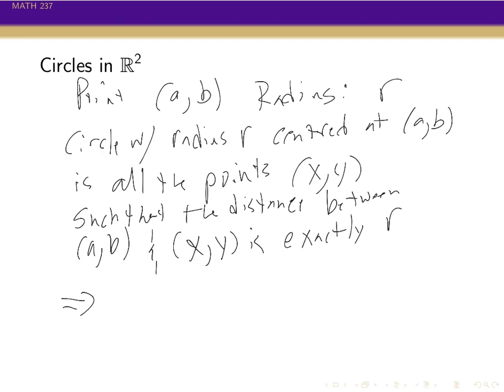We know that the distance is exactly r, so we can use the squared version. And so that distance squared is going to be the difference between the x-coordinates squared plus the difference between the y-coordinates squared. And that's going to give us our equation for the circle.